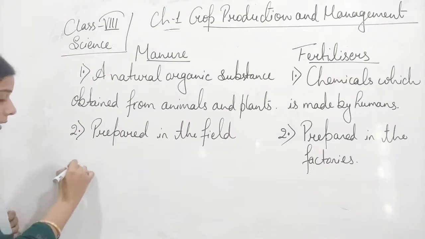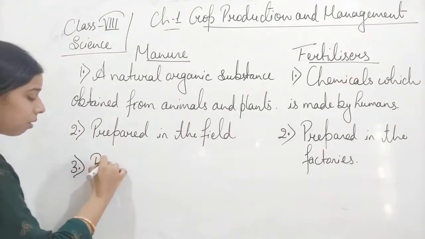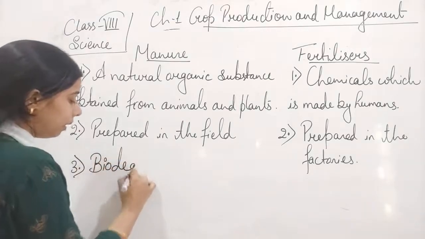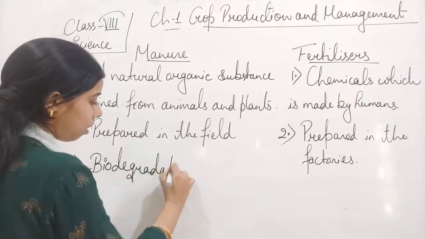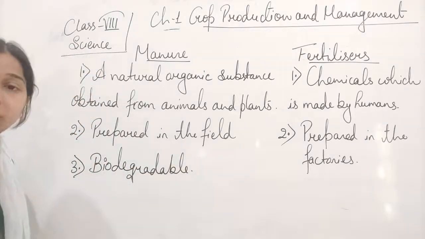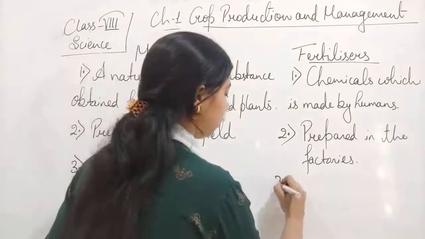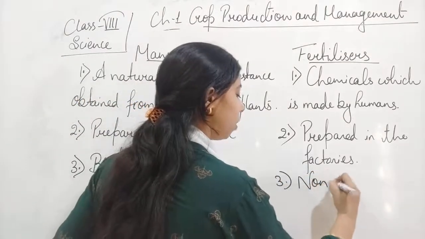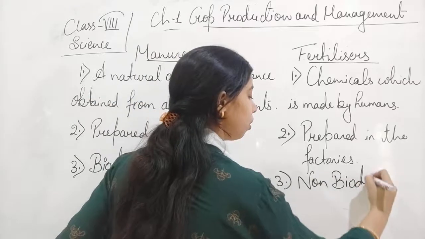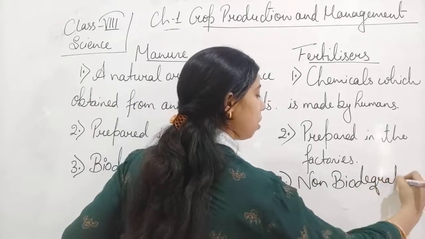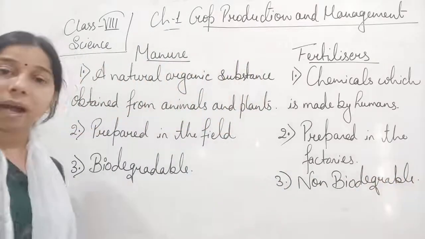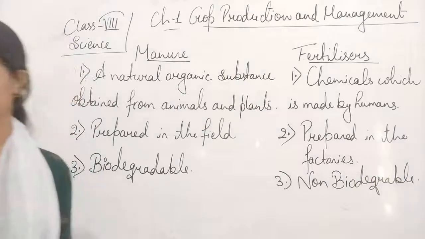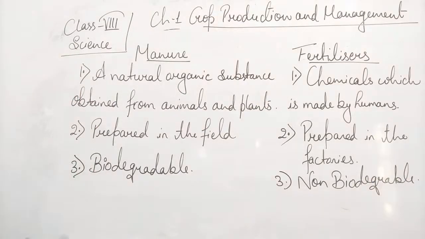Now the third one: manure is biodegradable, and here the fertilizer is non-biodegradable. One is biodegradable, another one is not biodegradable.